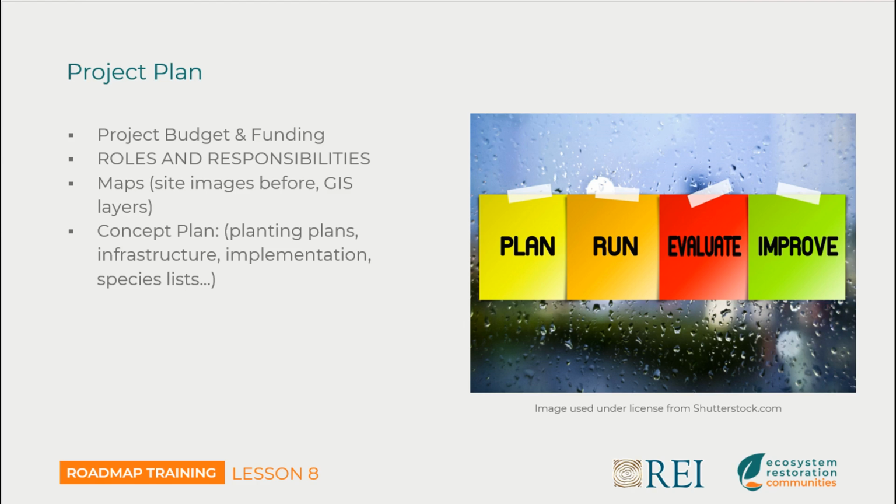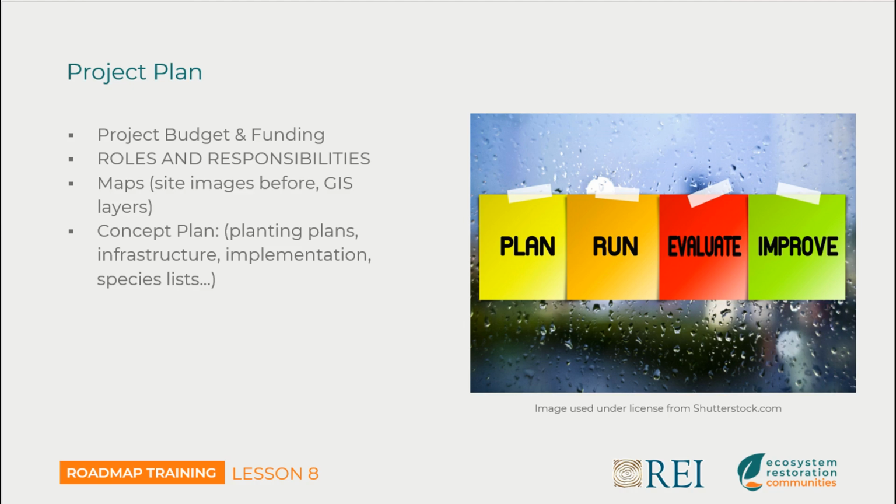So your project plan involves your project budget and your funding. How much do these different elements cost? What are the roles and responsibilities? Who's in charge of different areas? Maps, site images before, different GIS layers, geographic information system layers.